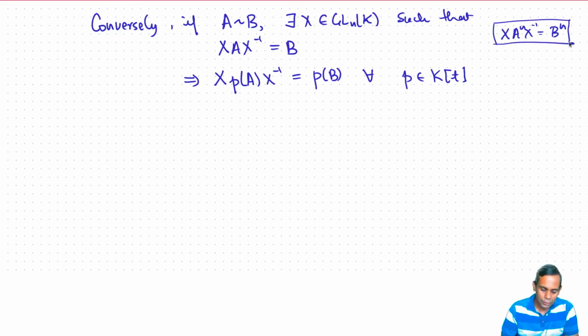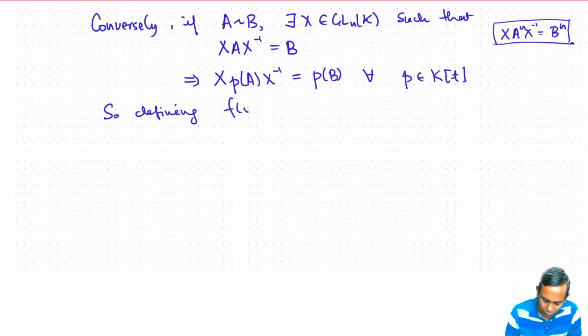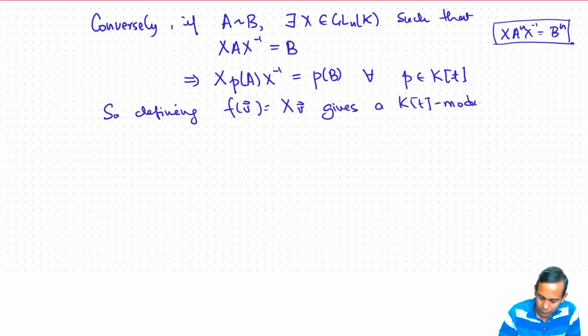Okay, so then defining f(v) to be Xv gives a K[T] module isomorphism from M_A to M_B.